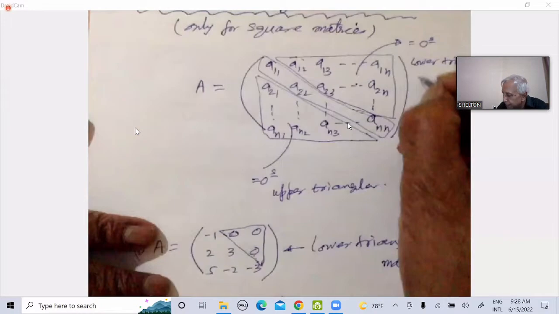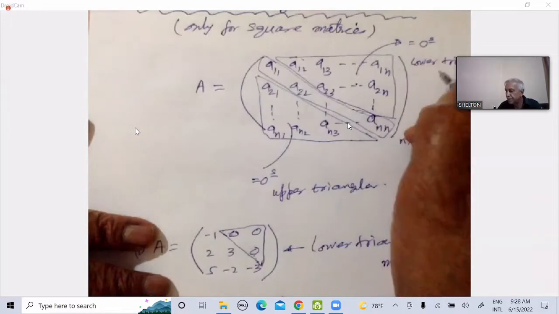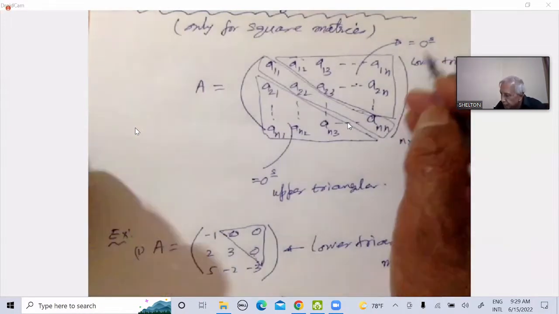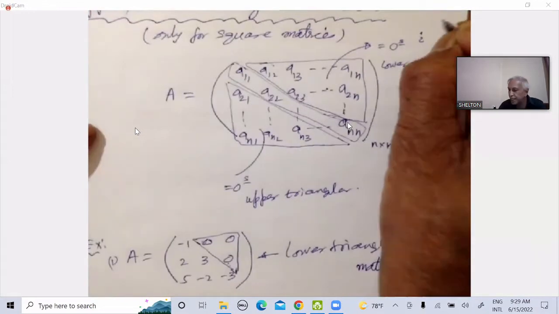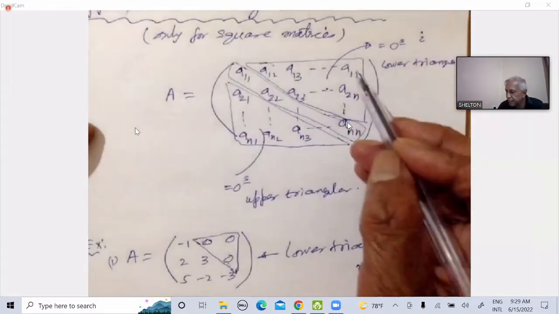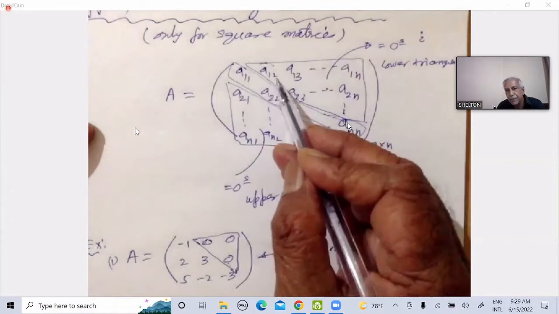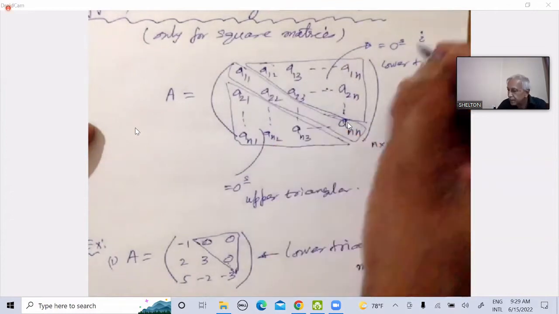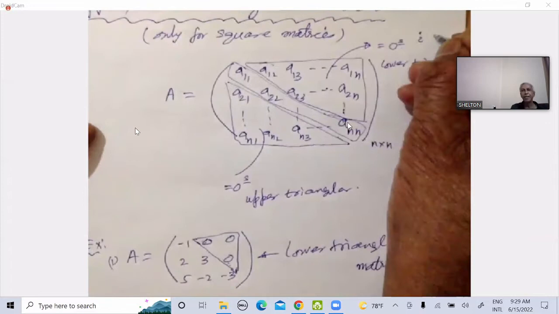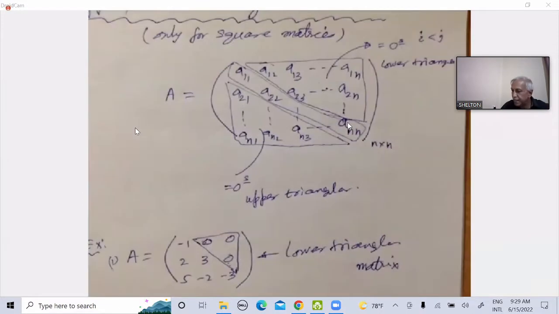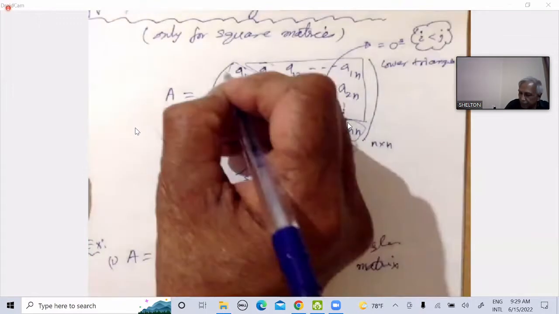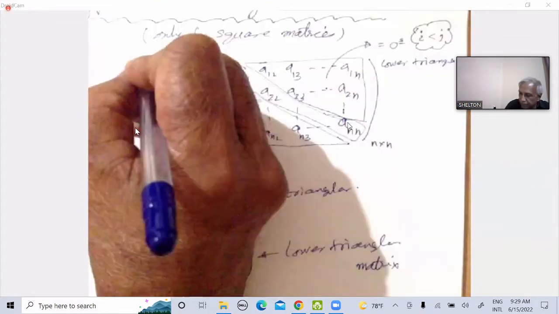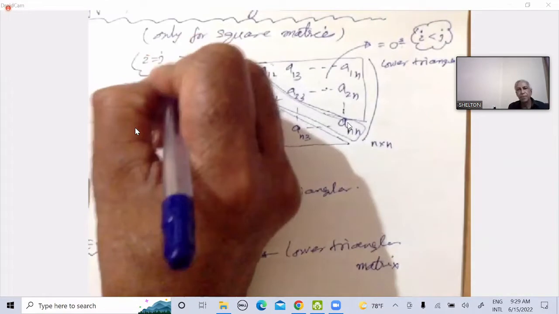Lower triangular, these must be zeros, meaning for the numbers in here, which one is bigger, I or J? J is bigger, for every I less than J. For these entries, I is equal to J, on the diagonal.